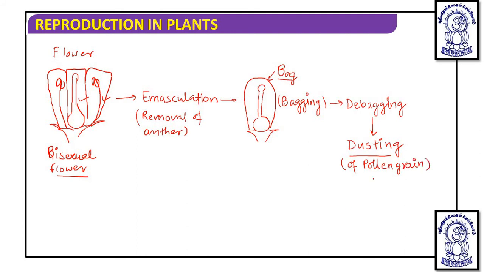When the desired pollen grains are dusted, we need to allow the pollen-pistil interaction and the post-pollination events, so we bag it again. So rebagging is done.